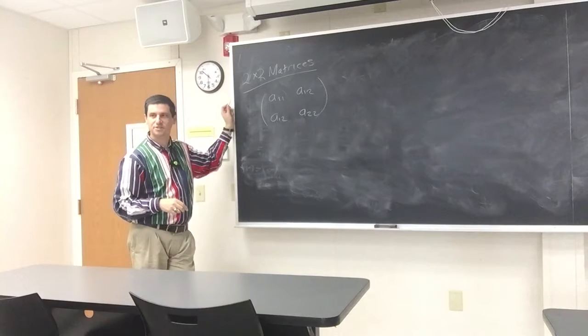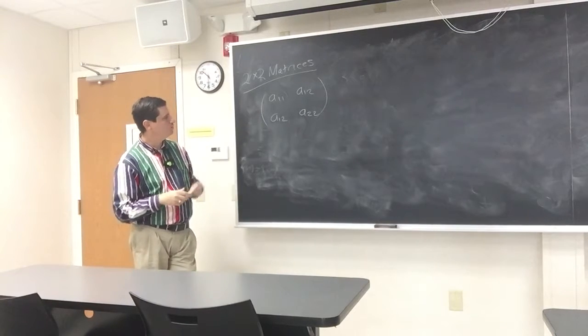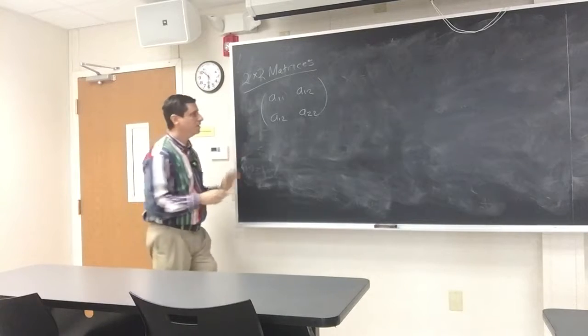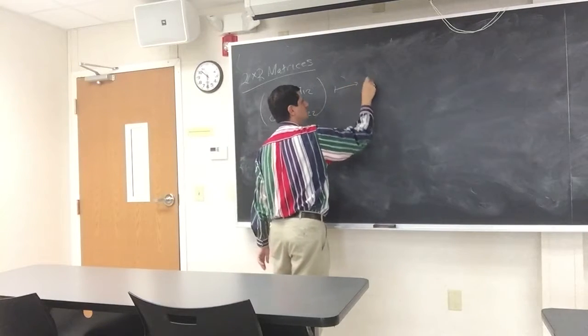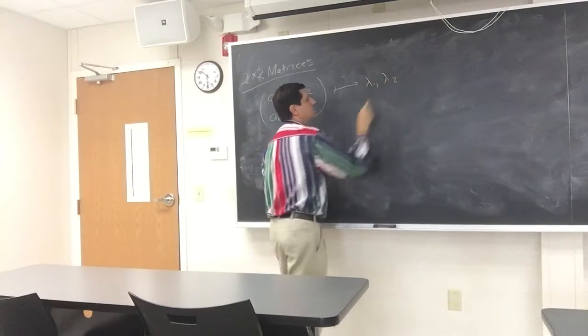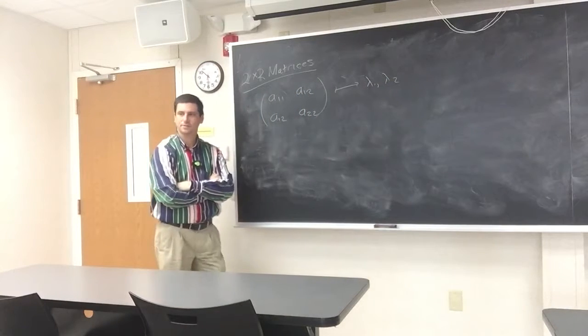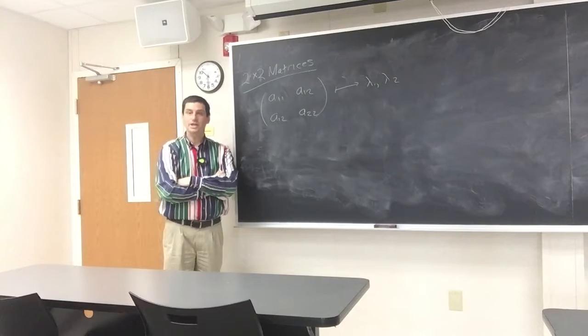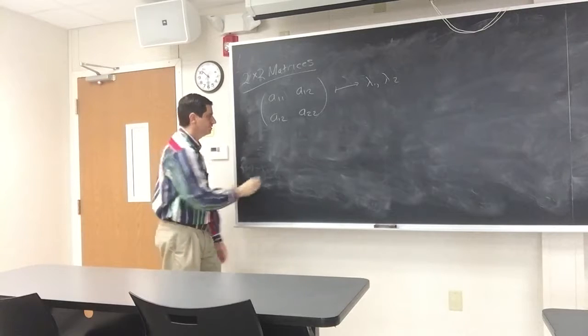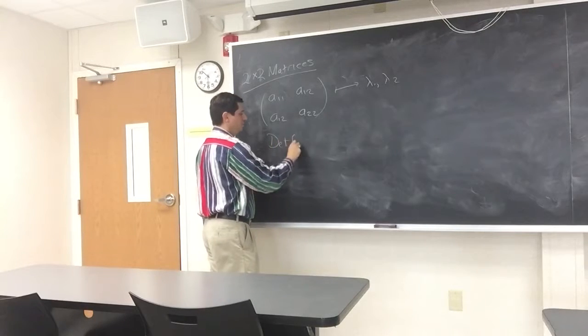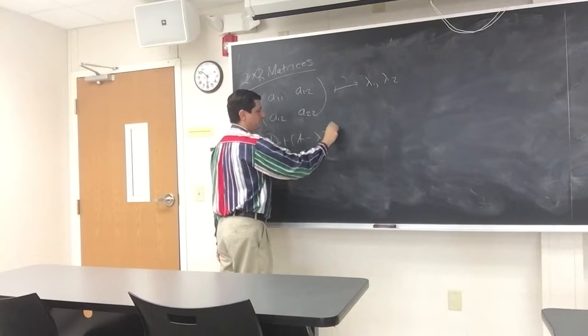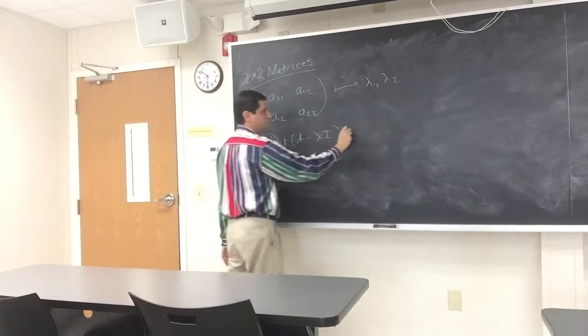So here's our matrix. It's real symmetric, so I've written A12 over here. I want to calculate the eigenvalues. How do we find the eigenvalues? Characteristic polynomial. We could actually do this by brute force. The determinant of A minus lambda I equals 0.